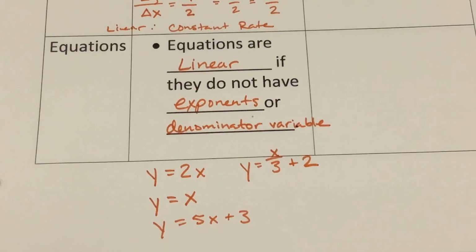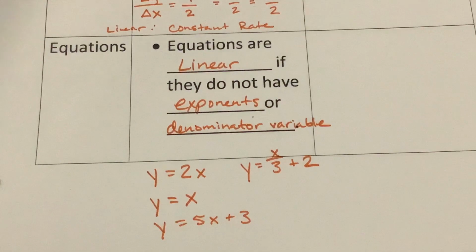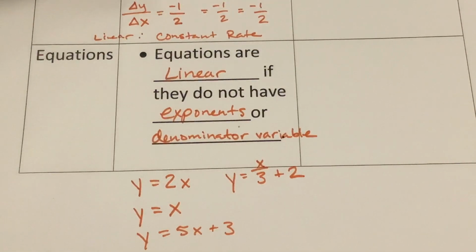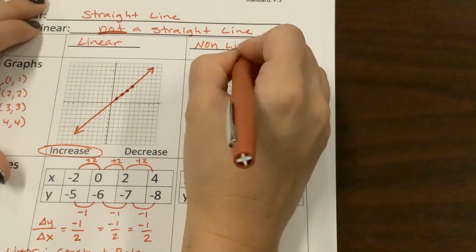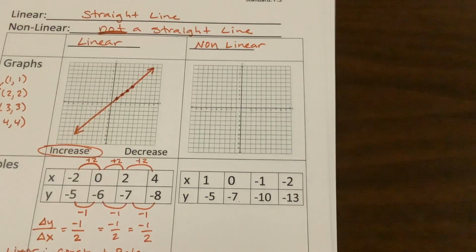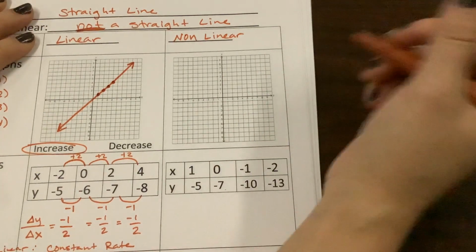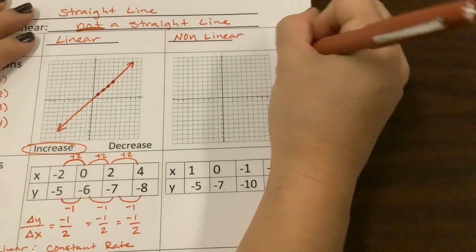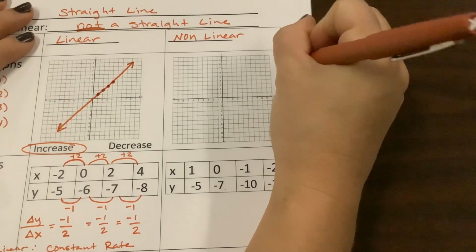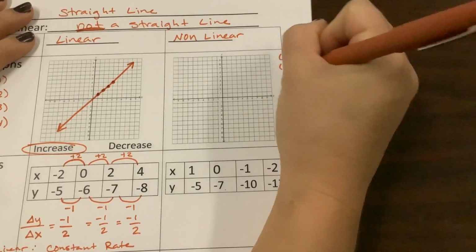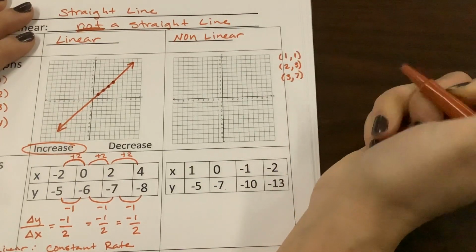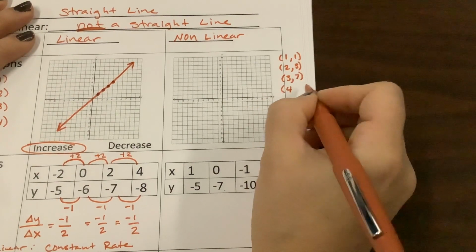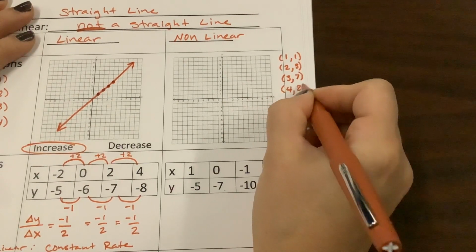All right, now, what does a nonlinear function look like on a graph? Okay, so the next column is going to be titled nonlinear. All right, so the ordered pairs that we're going to put on this graph, let's go ahead and put 1, 1, 2, 3, 3, 7, and 4, 2.